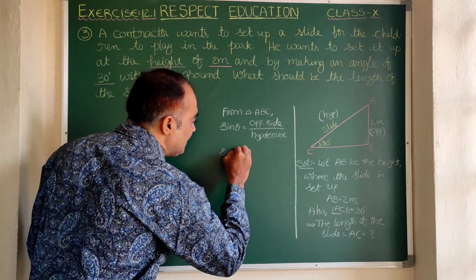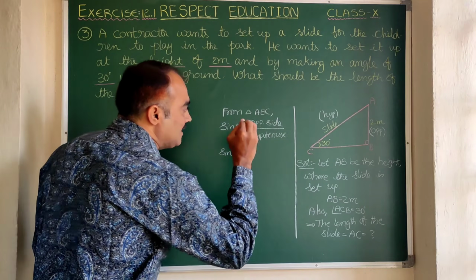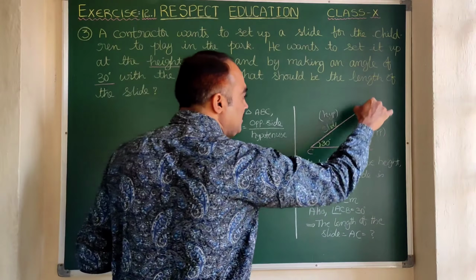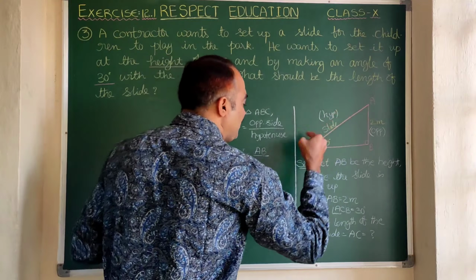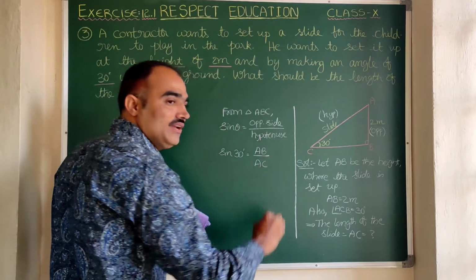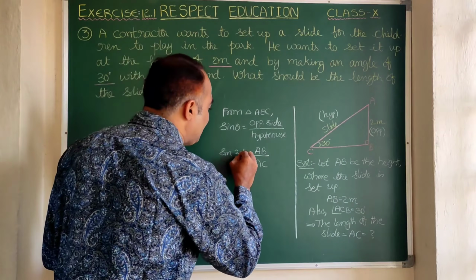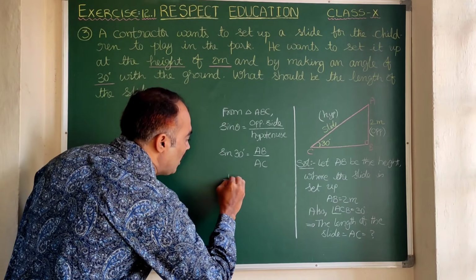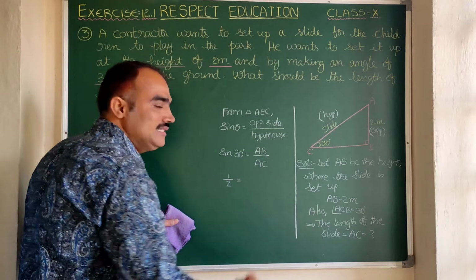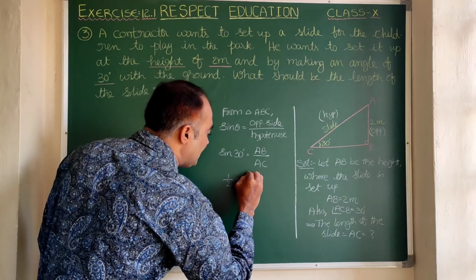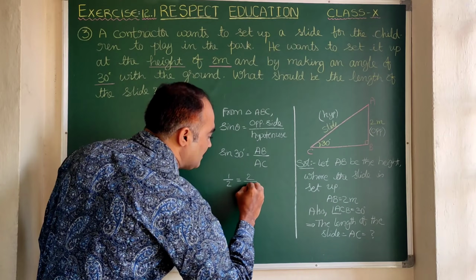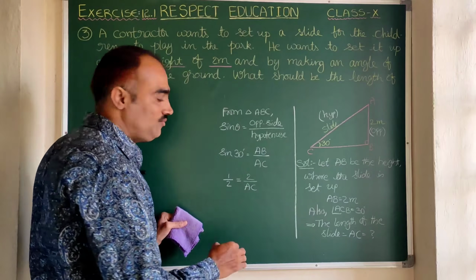Sin theta means here 30 degrees. Sin 30 degrees is equal to, for 30 degrees the opposite side is AB, by the hypotenuse AC. Now let us substitute the value of sin 30. Sin 30 is 1 by 2, equal to AB, which is given as 2 meters, by AC as it is. That is what we need to find.